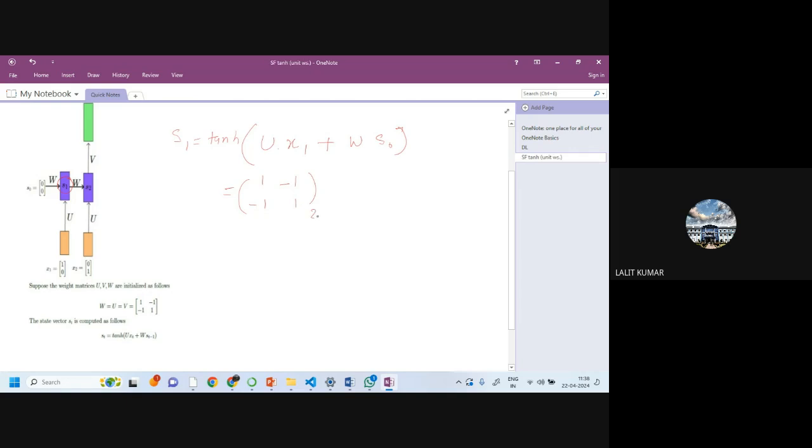This is 2 into 2, 1 into 0, 2 into 1. So this will become minus 1 and minus 1. Sorry, this is plus 1 and this is minus 1. This calculation is correct, and then this will become W into S0.